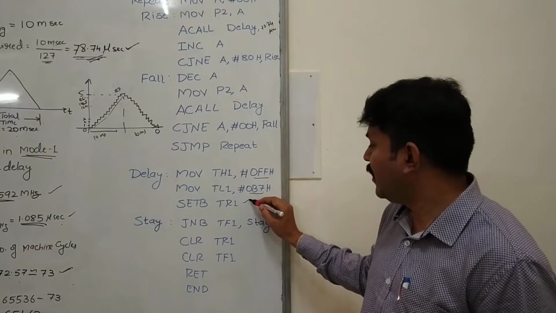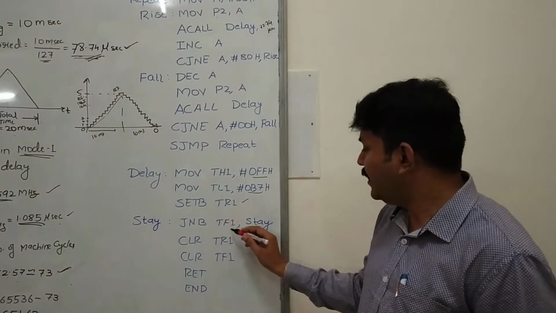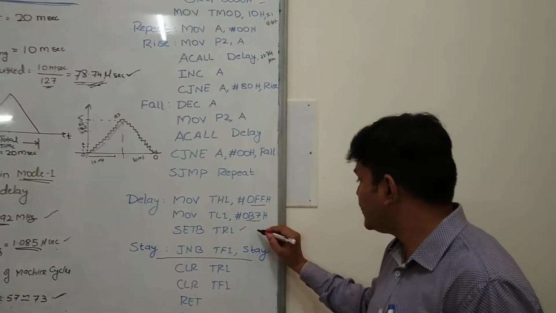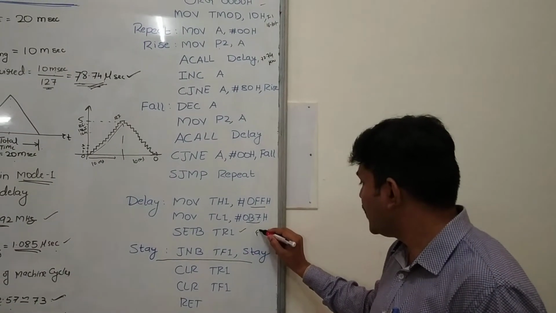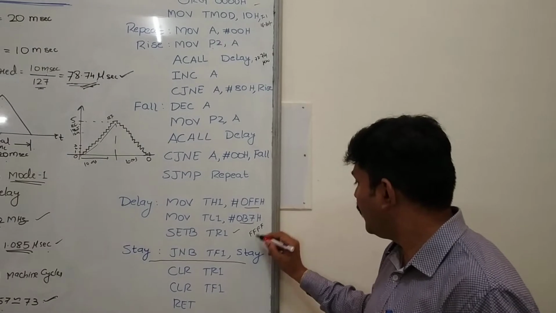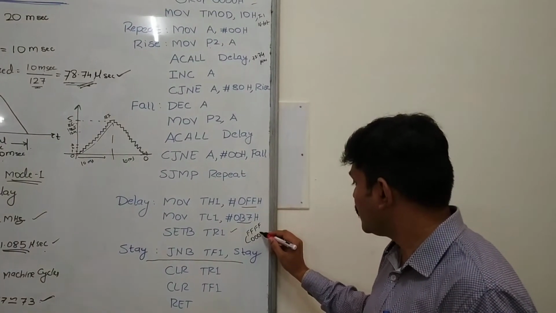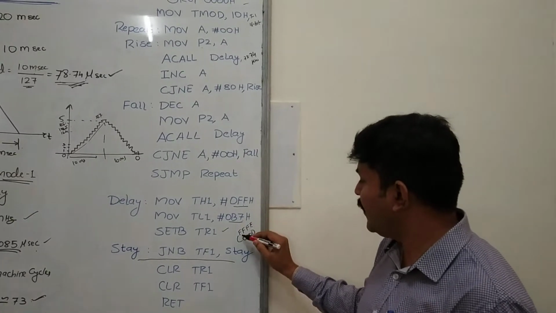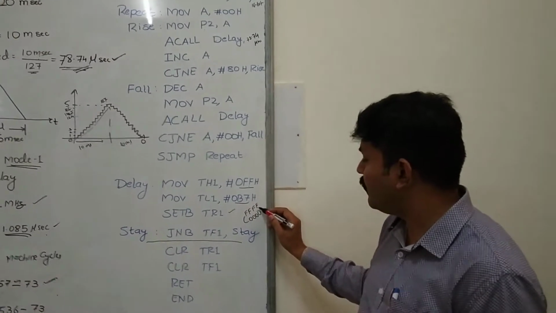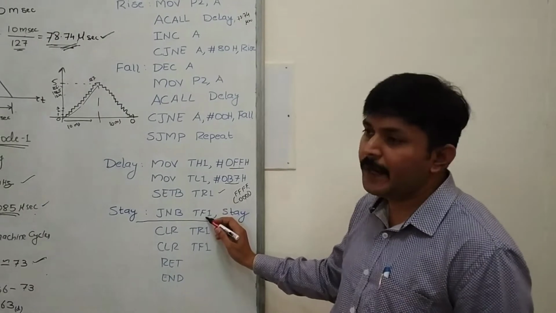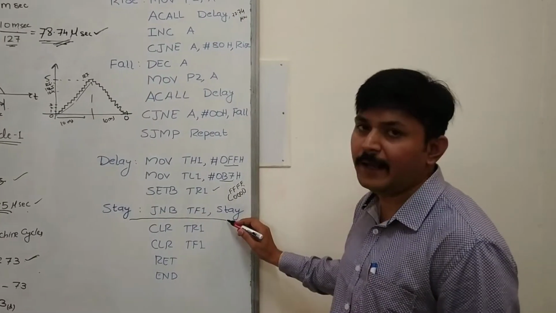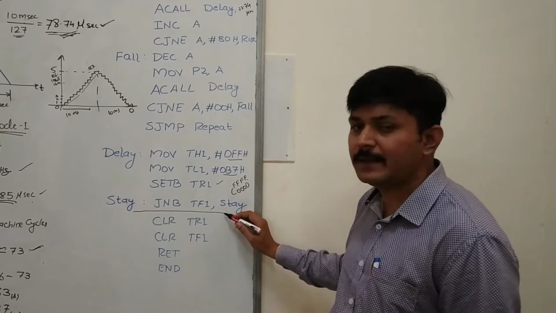I'll start my timer and I will wait. I'll stay in this line until the count crosses FF to 00. Once this count reaches FF and crosses over to 000, the TF flag will be set. Until that, the program will remain in this line.